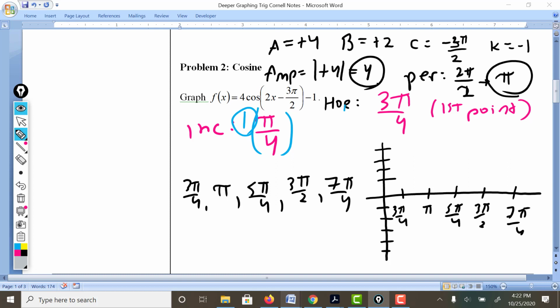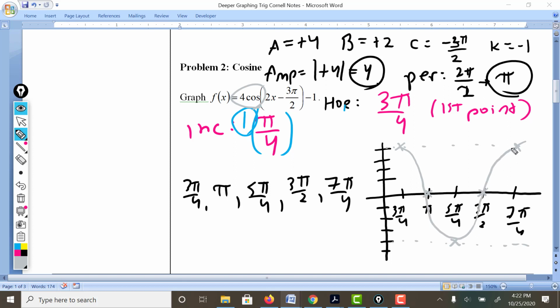This is a positive cosine. So 1, 2, 3, 4, and 1, 2, 3, 4 negative. This asymptote right here at positive 4 and 1 at negative 4. Cosine, so it would look like 1 right here, 1 right here, 1 down here, 1 over here, and then 1 as another max.